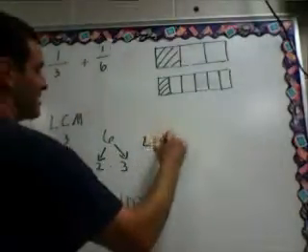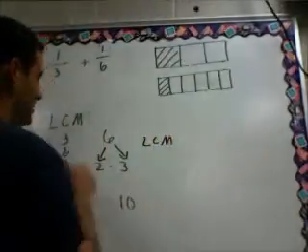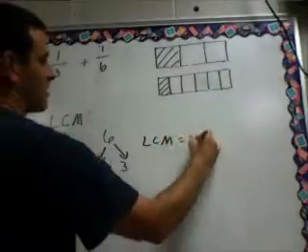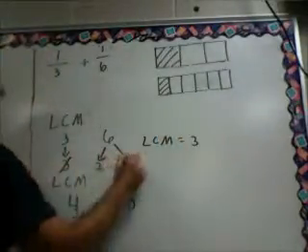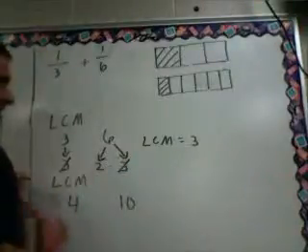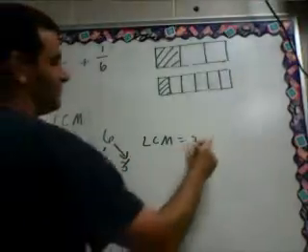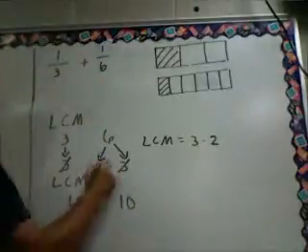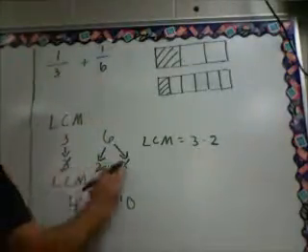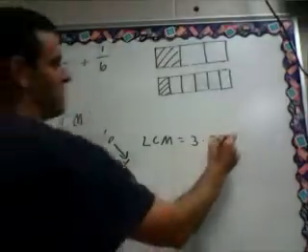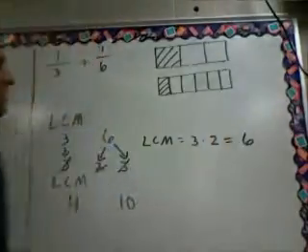I see a 3. If you cross the 3 out, I cross it out here as well. I don't need to list it twice here. And I see a 2. So I've used every number that I see amongst the prime factorization of each. So my LCM would be 6.